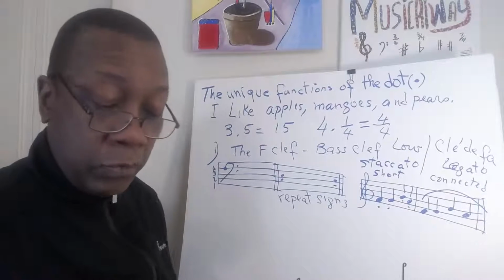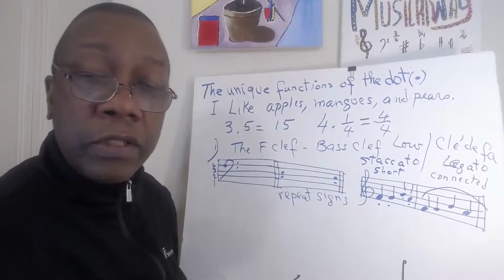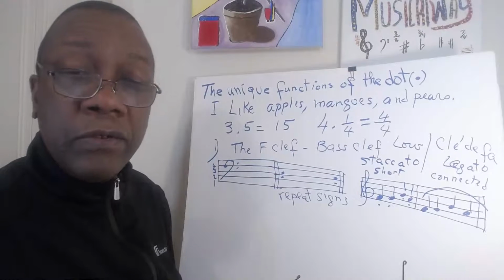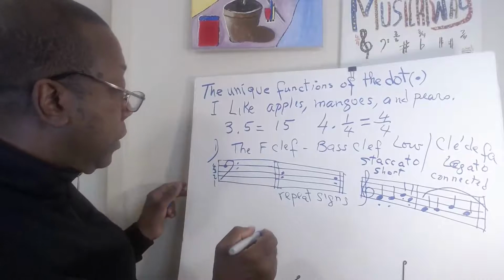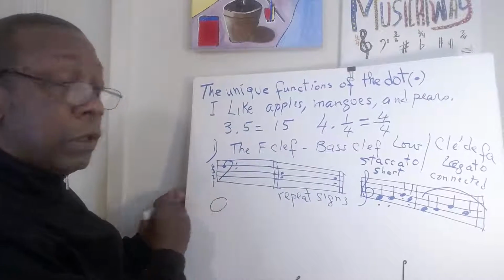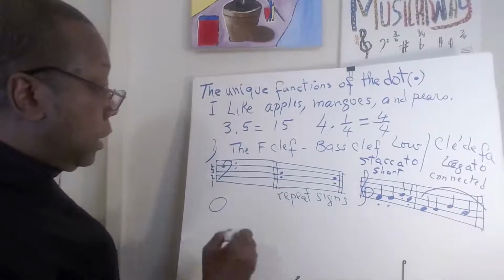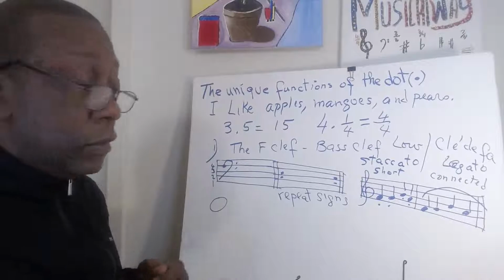And then the most important use of the dot is as an addition. It adds to the value of the note. Let's say we have the whole note, and depending on the meter, sometimes you have to add a dot.